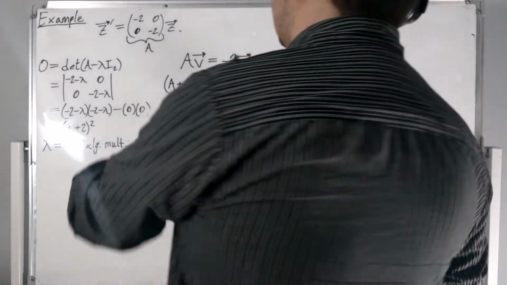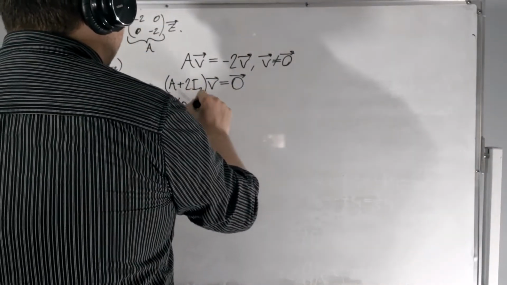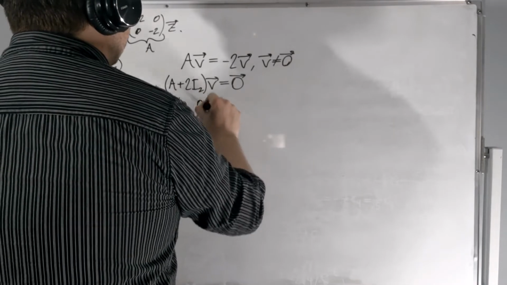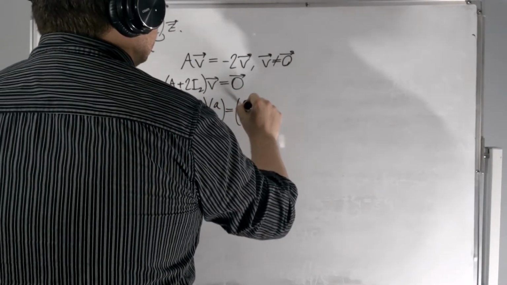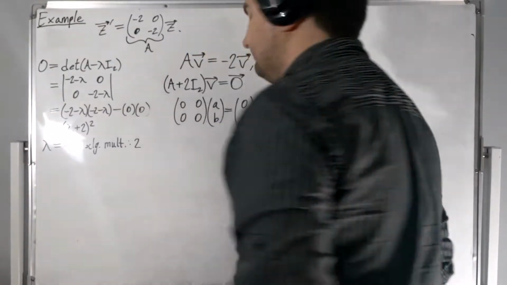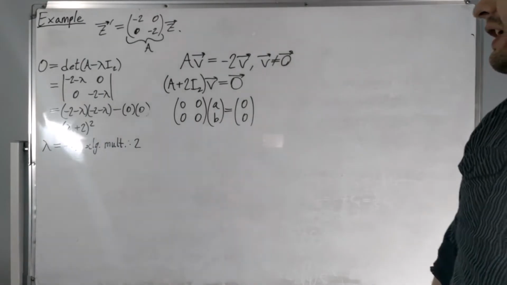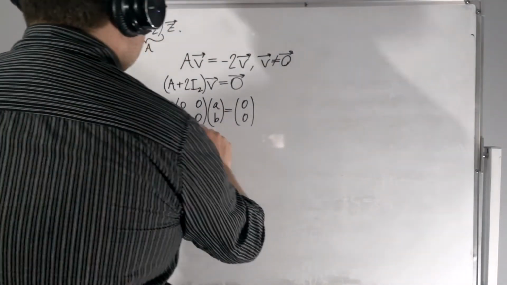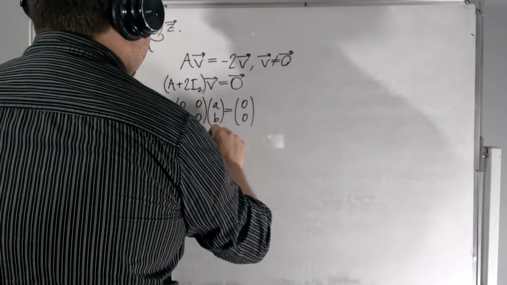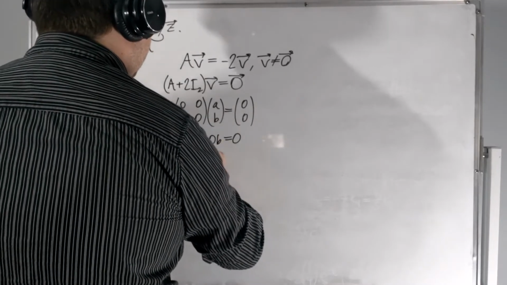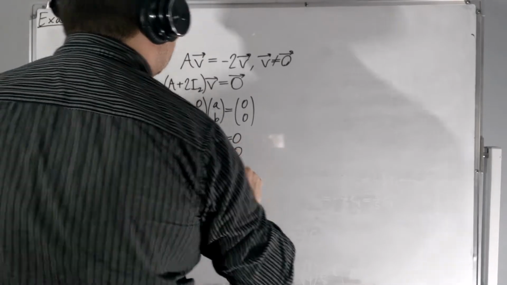In any case, this is going to be 0, 0, 0, 0 times a, b equals 0, 0. Okay, so you multiply through, you get 0a plus 0b equals 0, 0a plus 0b equals 0.